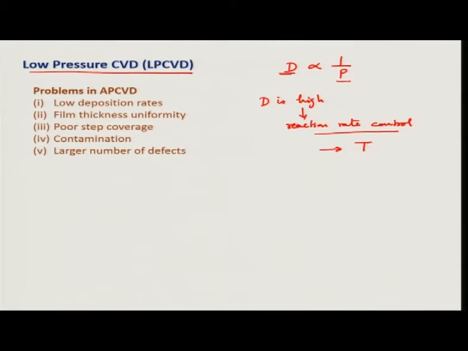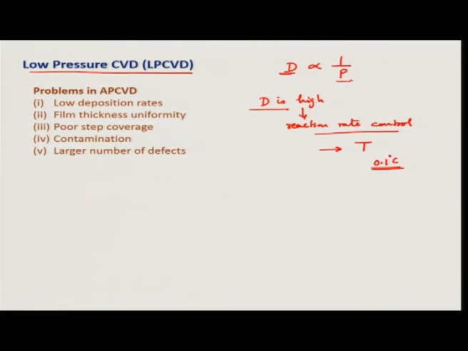We can control the temperature up to 0.1 degree C accuracy. So, we can design our system with very high precision temperature control, but mass transfer is another thing.